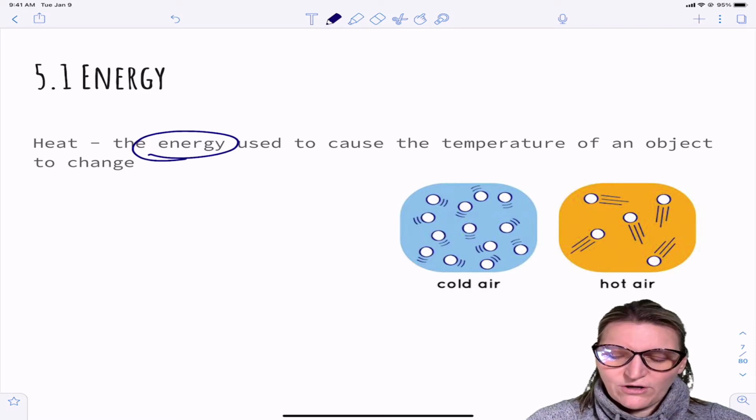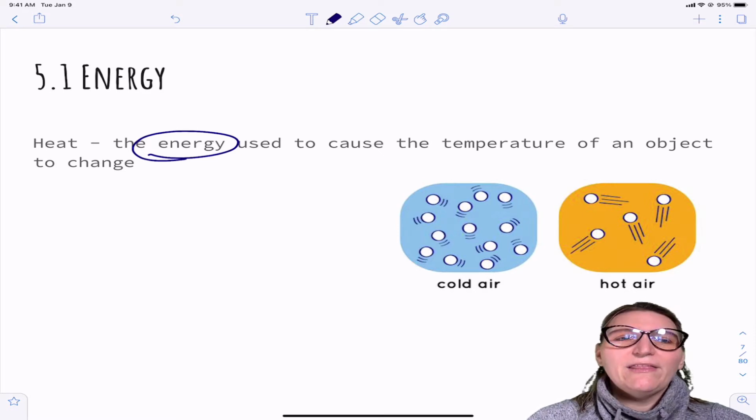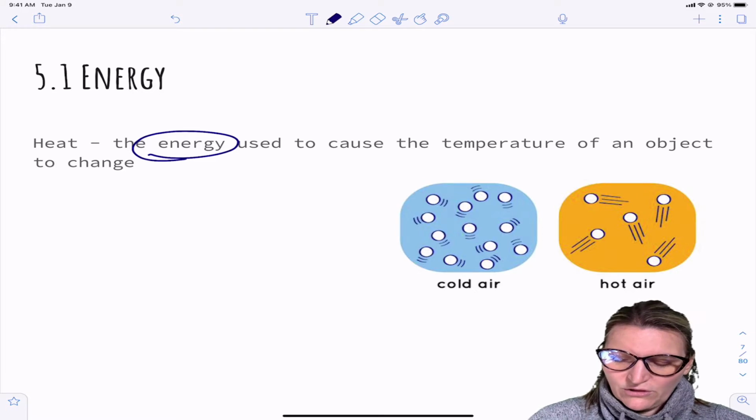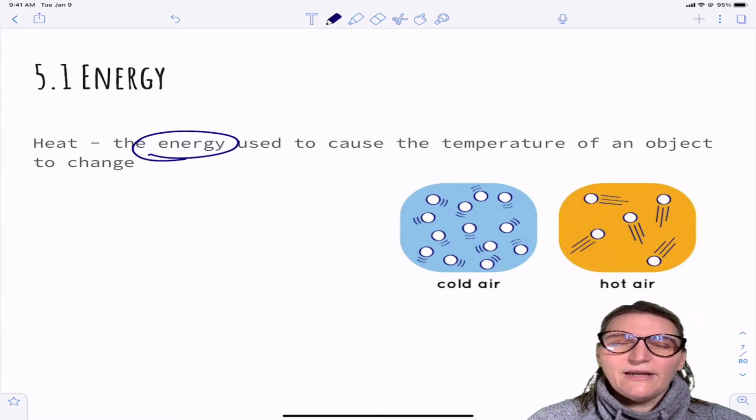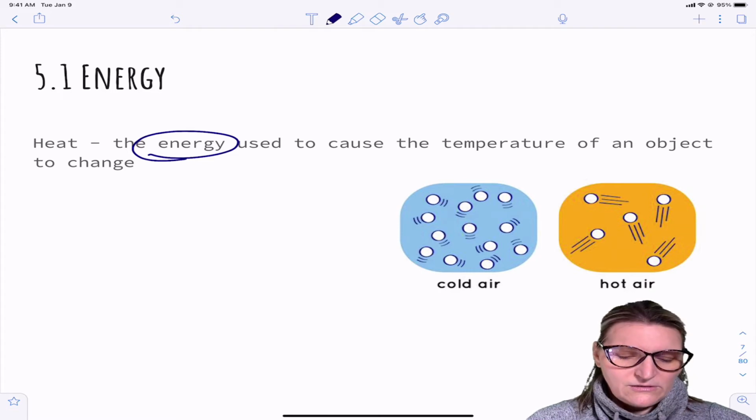And we know the temperature of an object is related to the kinetic energy of the molecules, and the kinetic energy of the molecules is related to the velocity of the molecules. So this picture here is showing that hot air, or the molecules that are hotter, are moving faster than molecules that are colder.